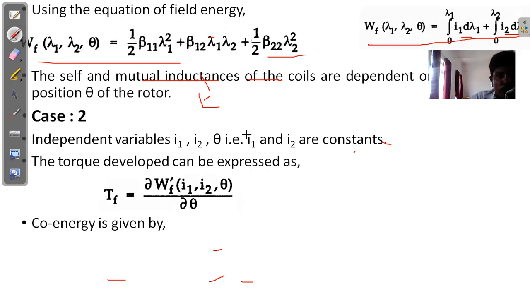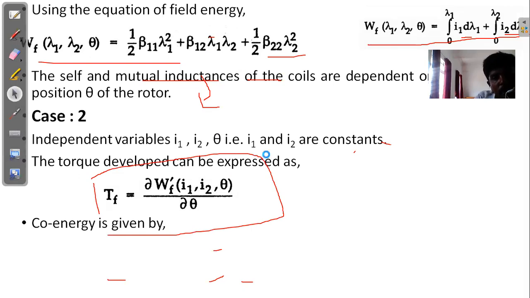Suppose we consider I1 and I2 with theta as another variable. For that case also we are going to find the torque. That formula is: torque equal to, in terms of co-energy, dou W dash of I1, I2, theta by dou theta.